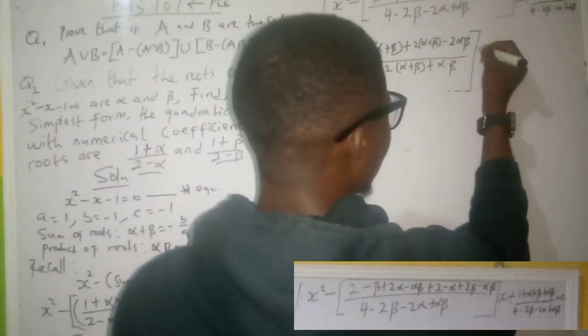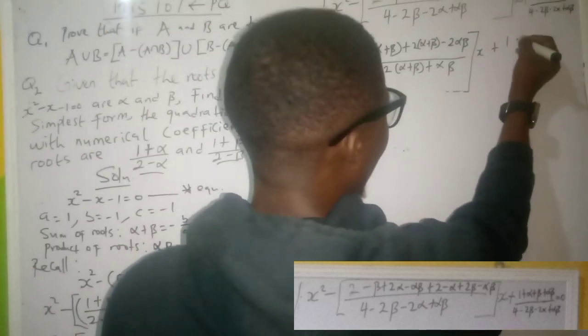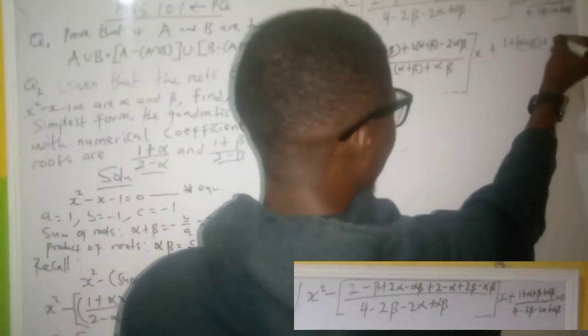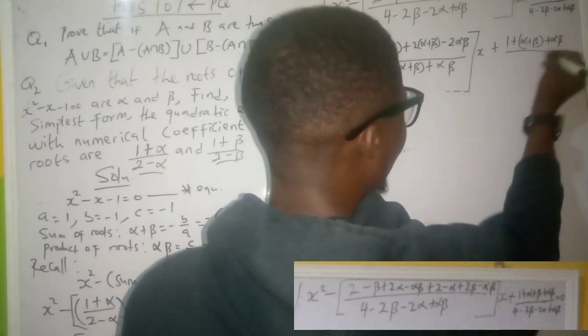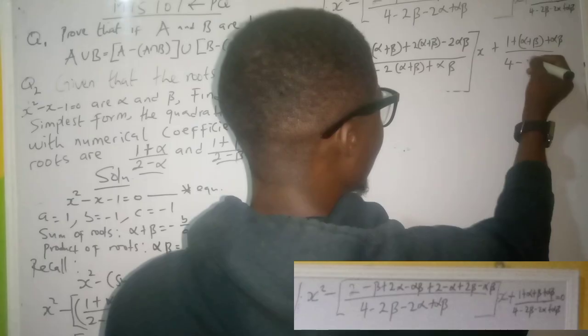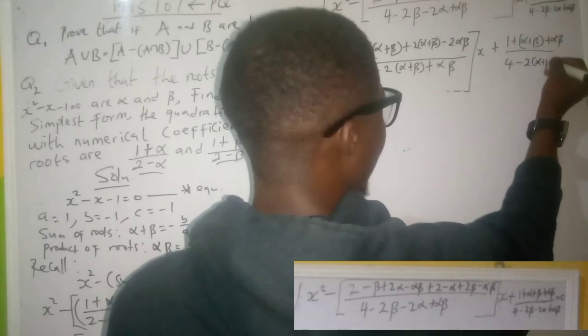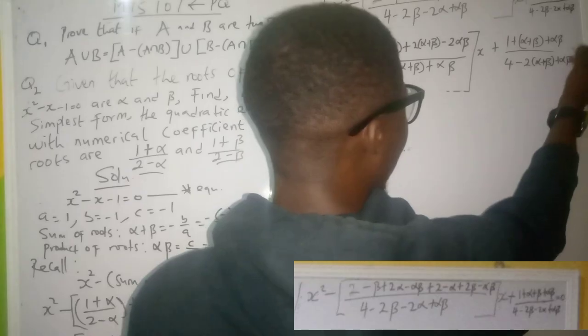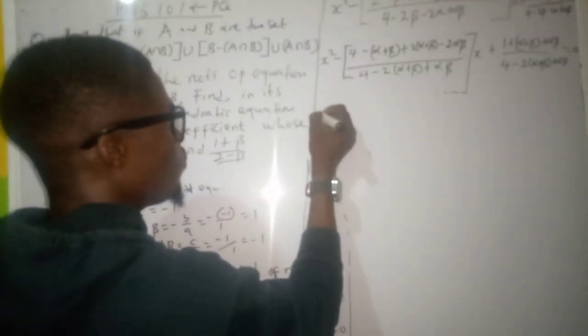So x squared plus 1 plus alpha plus beta plus alpha beta over 4 minus 2 into alpha plus beta plus alpha beta equals 0. Still the same thing. At this junction, we have simplified it to the simplest form.